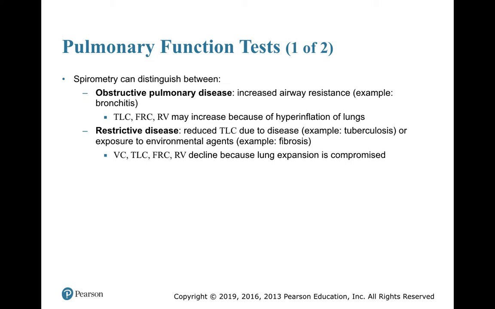Whereas restrictive disease, which is caused by a reduced total lung capacity because of disease, such as tuberculosis or exposure to environmental agents that lead to fibrosis, the vital capacity, total lung capacity, FRC and RV would decline because the ability to expand the lungs is compromised.